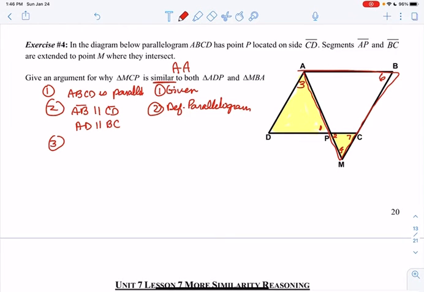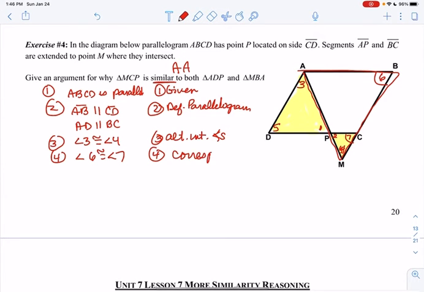And I also have a 5 over here, and that was a 4 down there. So angle 3 is congruent to angle 4 because they are alternate interior angles. Angle 6 is congruent to angle 7. So I could put these right here because they are corresponding angles. Remember, those sides are parallel to each other.